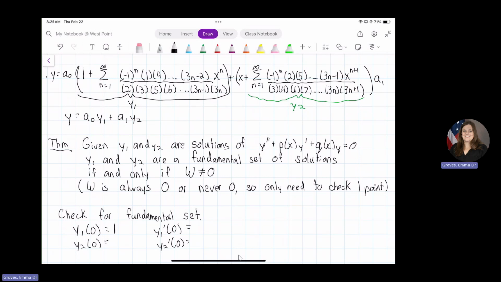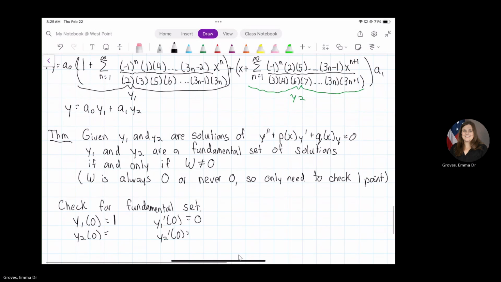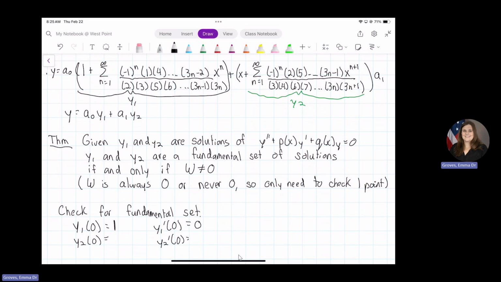If I want y1 prime of 0, I would take the derivative and I would end up with a 0, because your constant term is going to go away and then the n in front is going to mess with things and make things 0. And then what's y2 of 0 going to be?